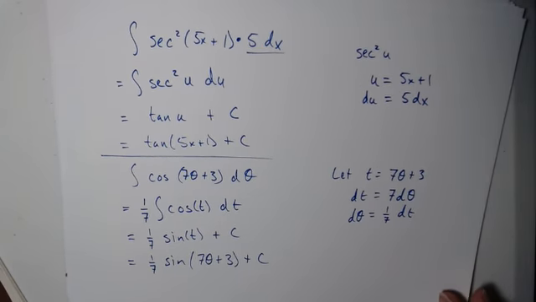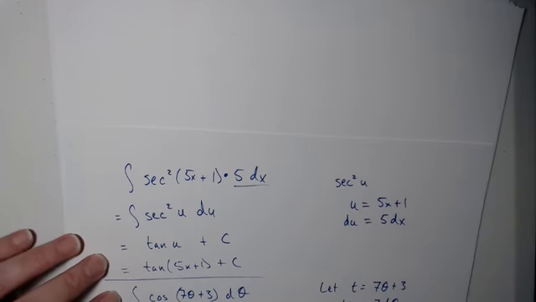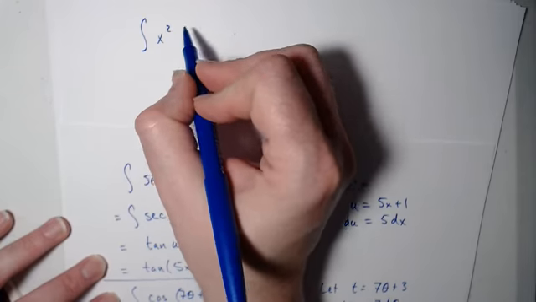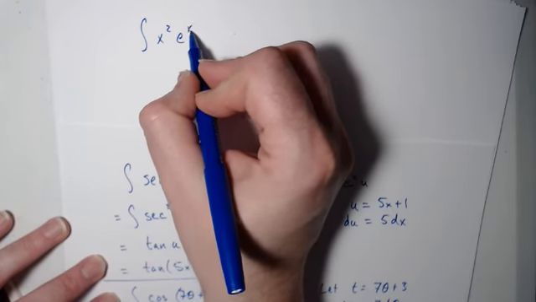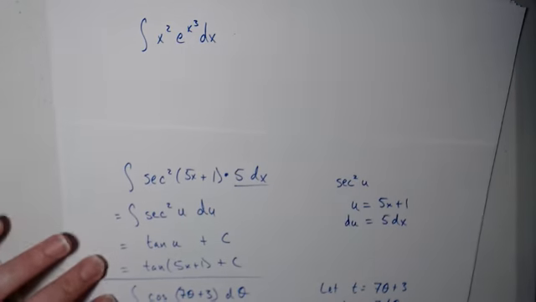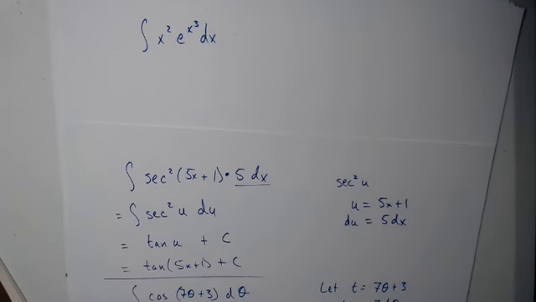Let's see. How about antiderivative of x squared e to the x cubed dx? So this one looks a little different, and it might be hard to figure out exactly what you should use for your substitution.